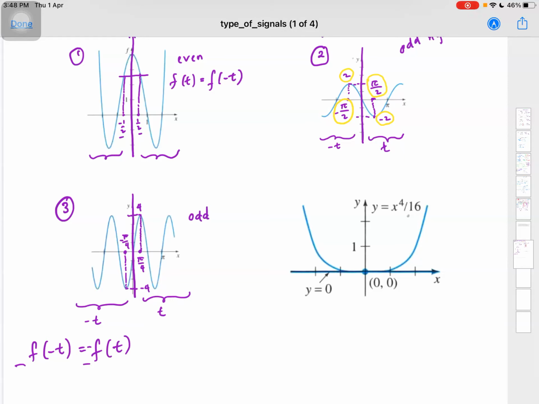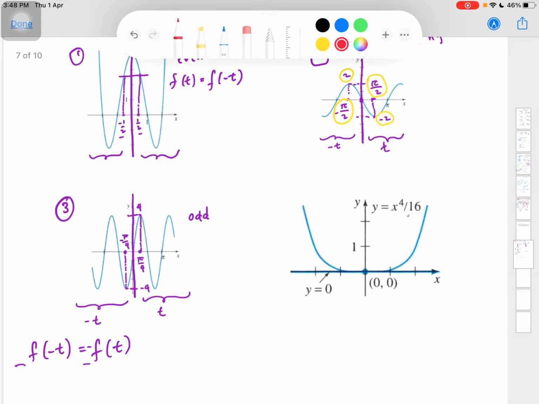Also, there is another method to see whether a signal is odd or even. One of the textbooks that I read says that an odd signal must pass through the origin. For example, here this is the origin, 0, 0. Also here this is the origin.